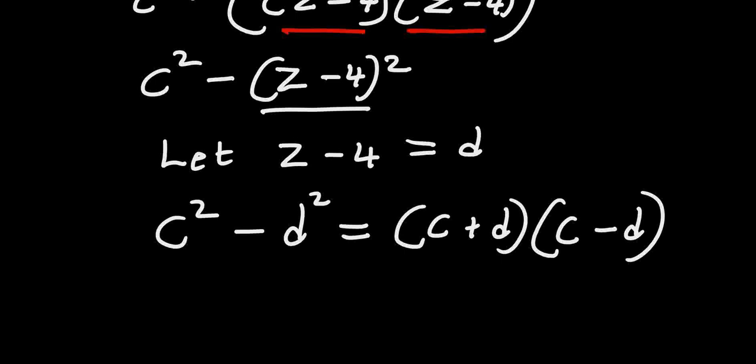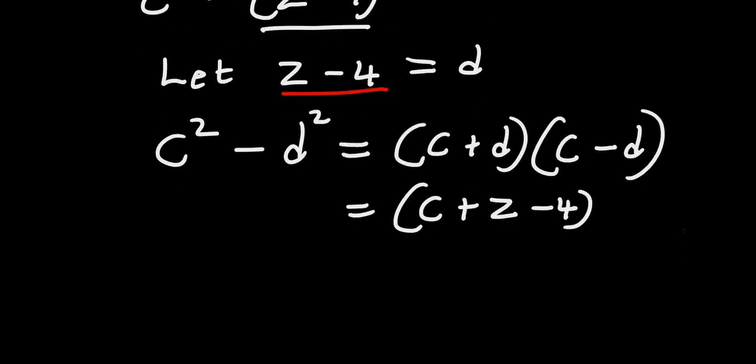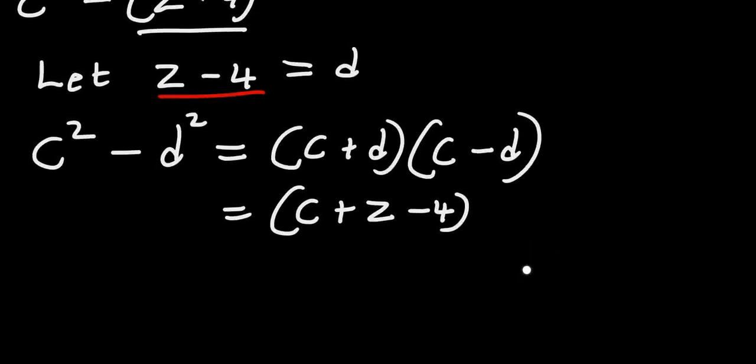So let's bring back the value of d. Recall that d is equal to this. So this will become c plus z negative 4. Also, we have c, negative. Because of this negative sign, we have to open another parenthesis, inner parenthesis, for the value of d.